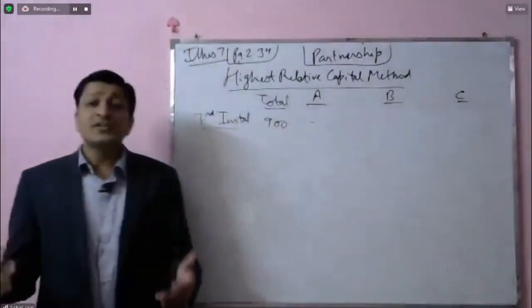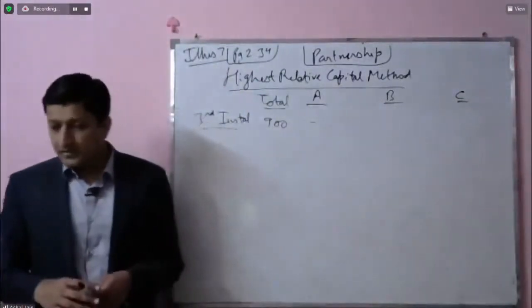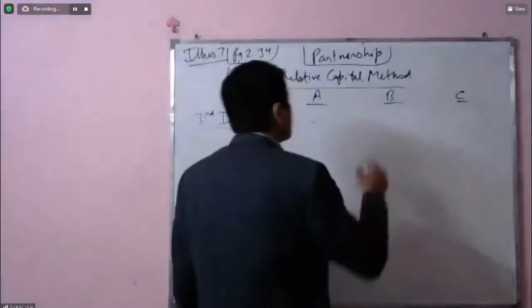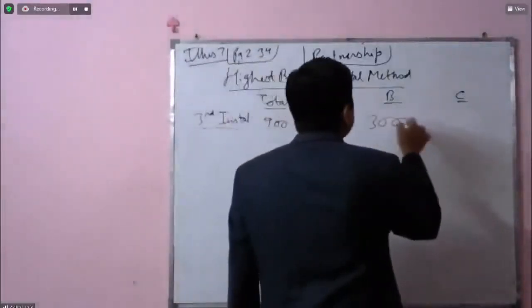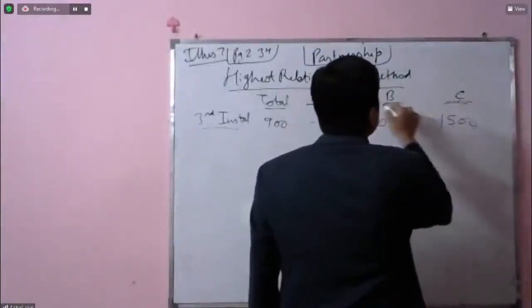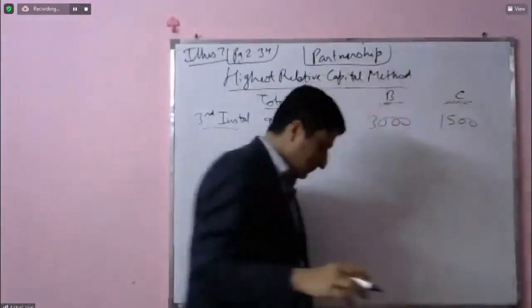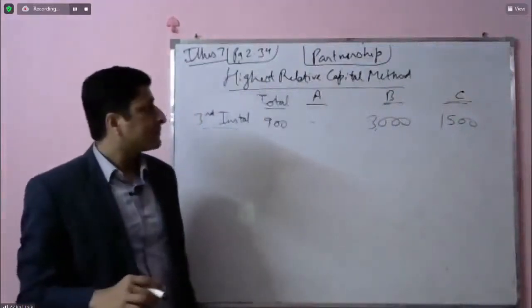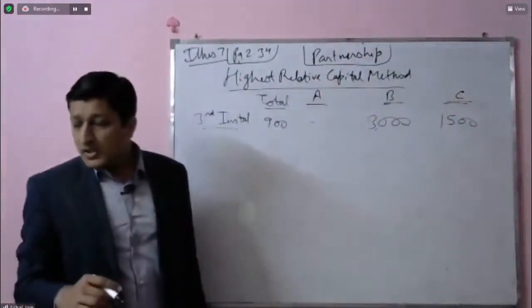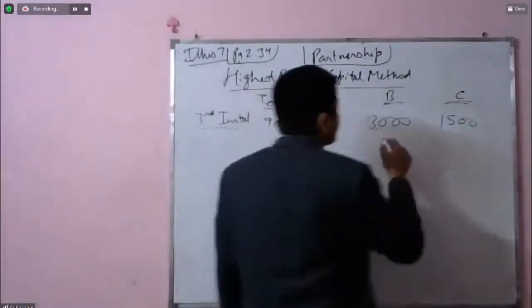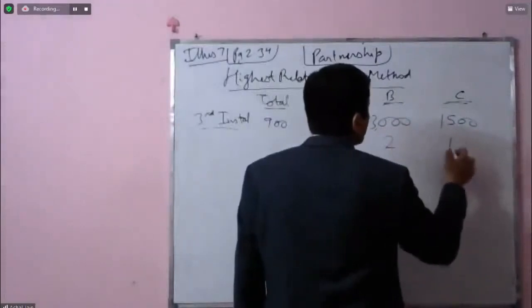So in what ratio should it be distributed to B and C? So let's understand. For B, 3000 is excess and for C, 1500 is excess. Correct? Yeah. Let's suppose we look at their profit sharing ratio. What is their profit sharing ratio? 2:1.